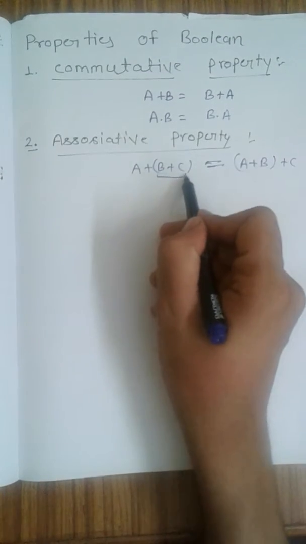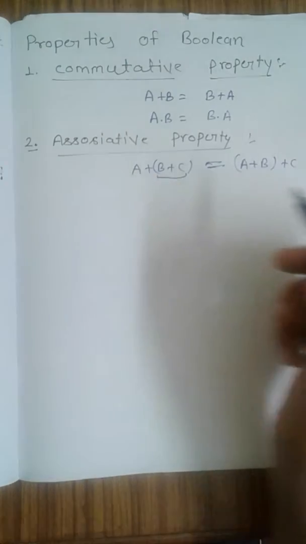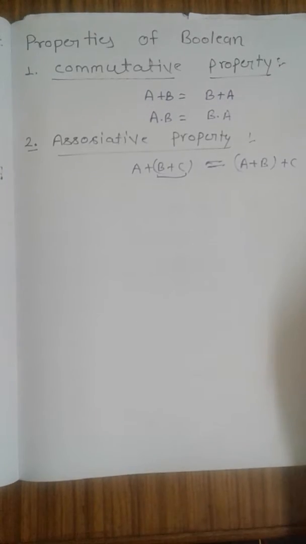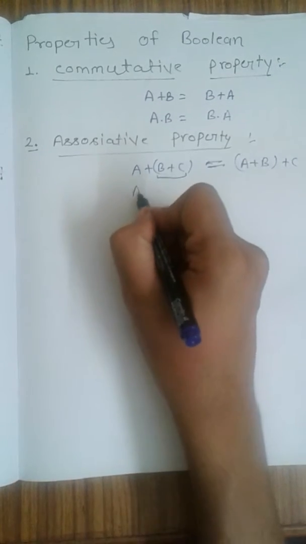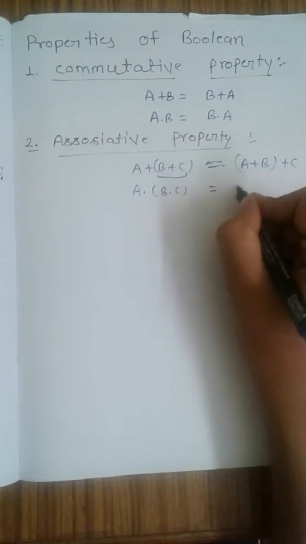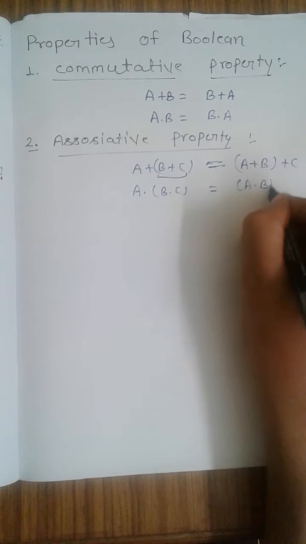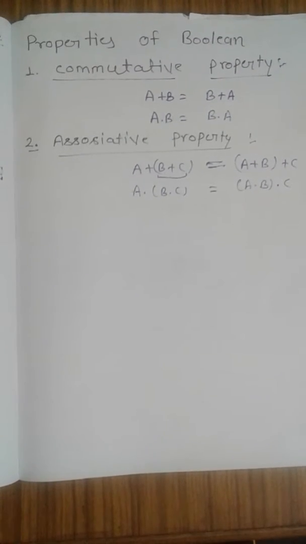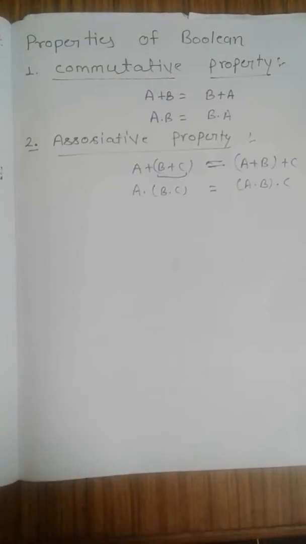Firstly add b plus c, then add a, and that will be equal to adding a plus b first, then adding c. It is the same for multiplication also. But this property is not followed by NAND gate and NOR gate.